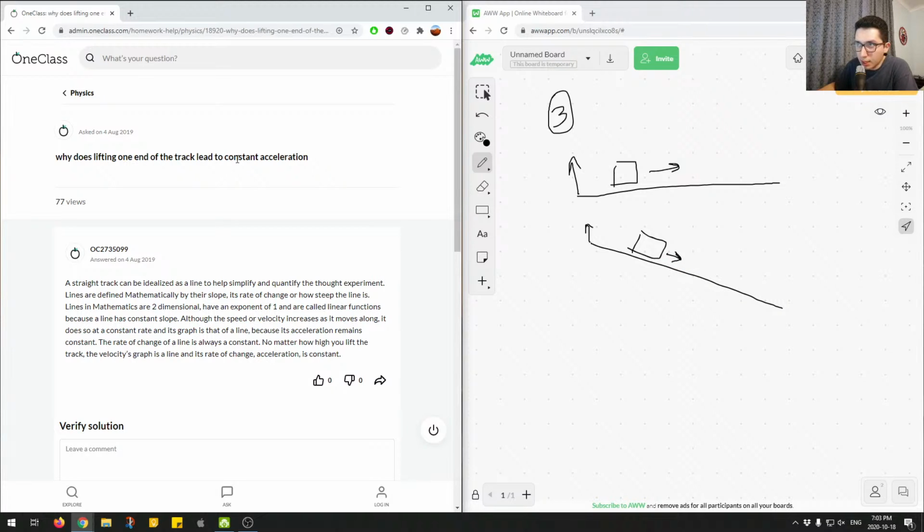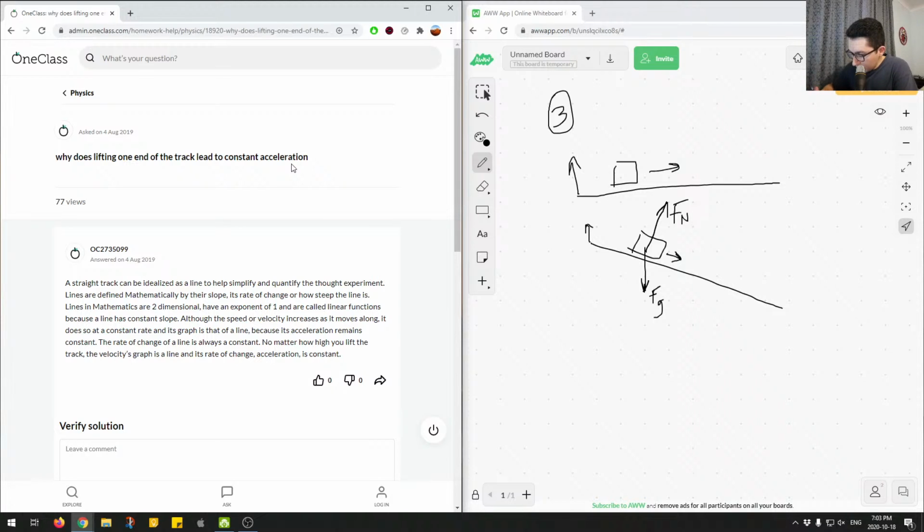To understand why it's constant acceleration, you have to think about what's going on right now. What are the forces acting on this object? Why is it moving? Here we note that there's always the force of gravity and then acceleration due to gravity. So we know on this object there's the force Fg, the force of gravity, and then we have the normal force on the object. So we're drawing the FBD, free body diagram, and then we might have a friction force, or we might have something else here.